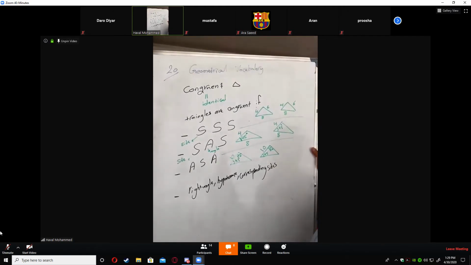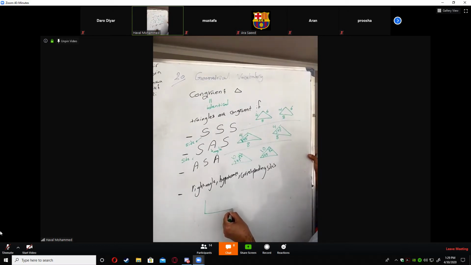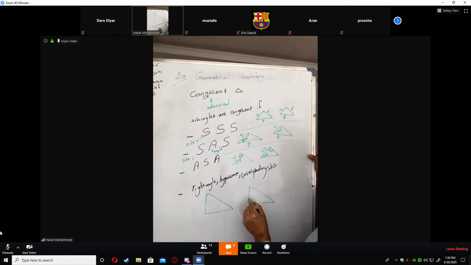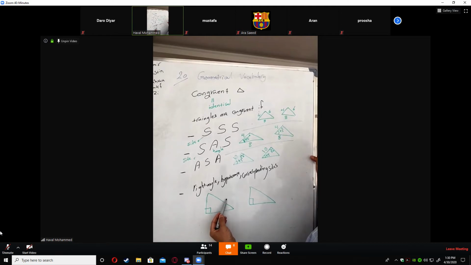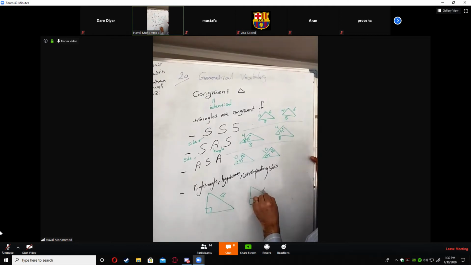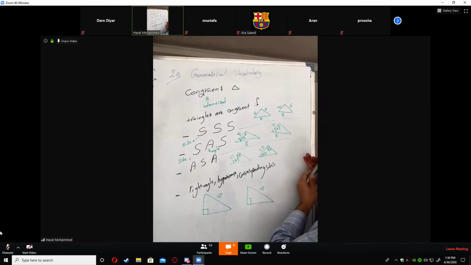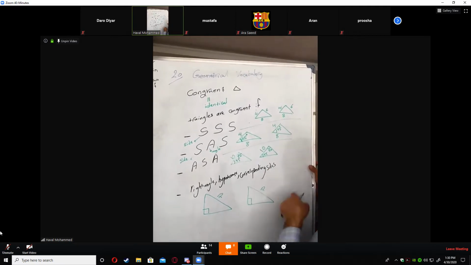Okay, the next one, right angle. If we have 2 triangles, each one has got a right angle, and we know the hypotenuse is opposite to a right angle. Then, for example, this is 12 centimeters and 12. That's the first 2 conditions satisfied. Now what's left? The corresponding side.